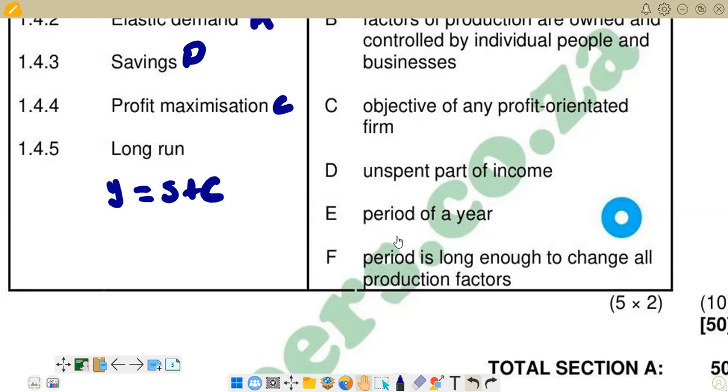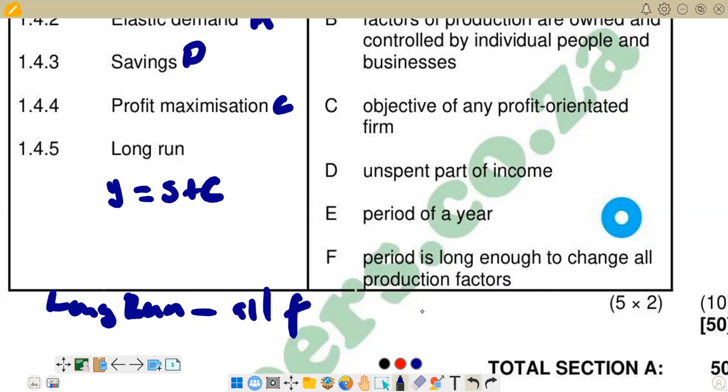Of course, a long run is a period, but F is saying period is long enough to change all production factors. We know that in the long run, that's when we have all factors of production being variable. So this is explained here by period is long enough to change all.